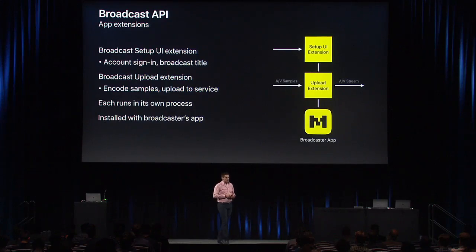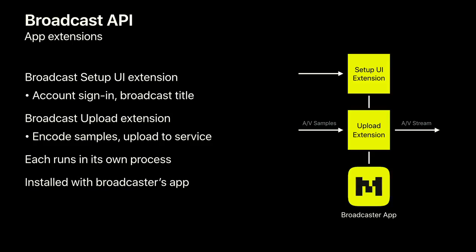So if you install the Mob Crush, you also get setup extension and upload extension installed on your device. And each extension runs in its own process independently from Mob Crush that contains extensions and Tower Dash that initiates the broadcast. So usually there are three processes, and the process of the containing app of the Mob Crush is never launched.